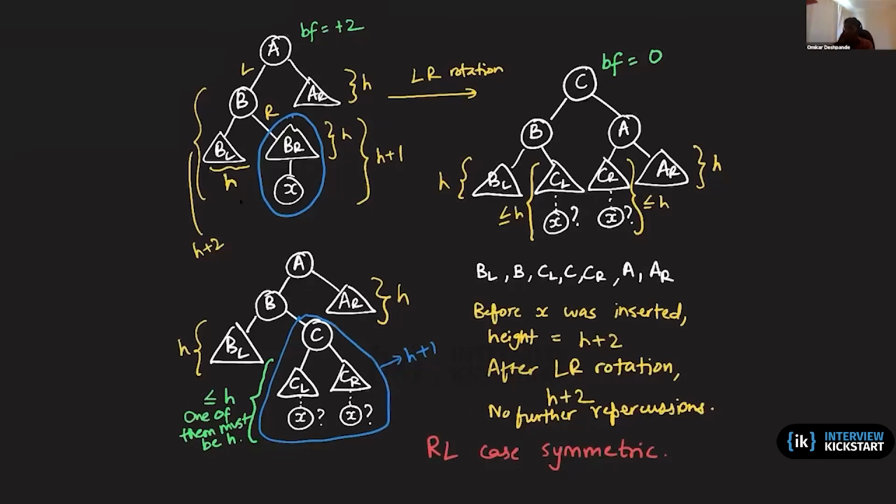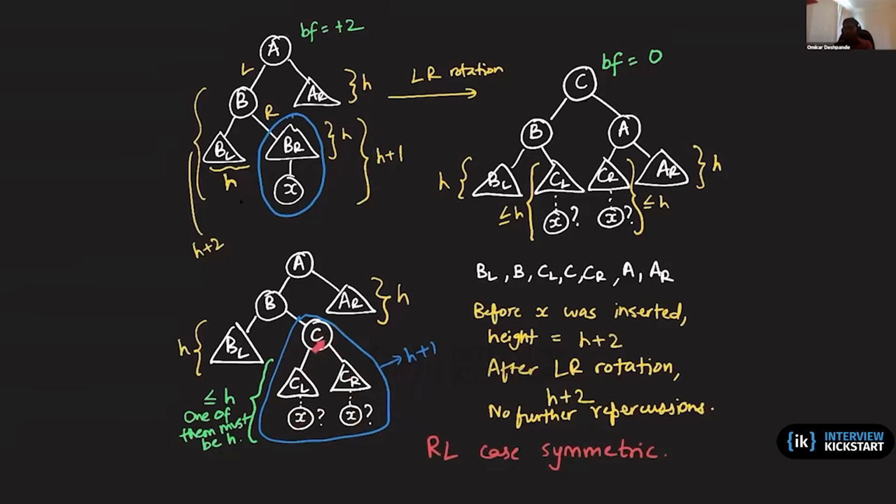Because we have B and A as... So you have to look at what happened before we did the rotation. So before we did the rotation, if these two had the same height, whichever tree got X, that tree became higher, I mean with a bigger height. So the balance factor for C would have become minus 1 if this X was here, or plus 1 if X was here.